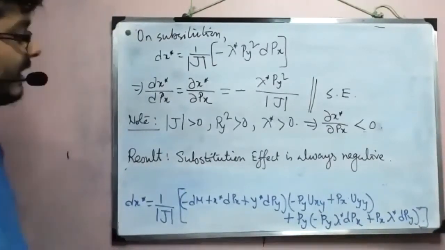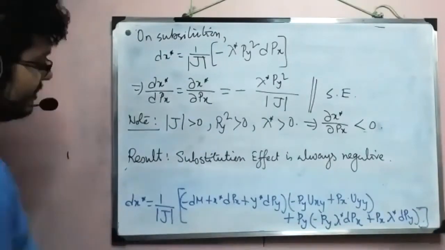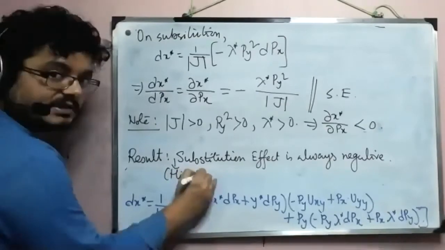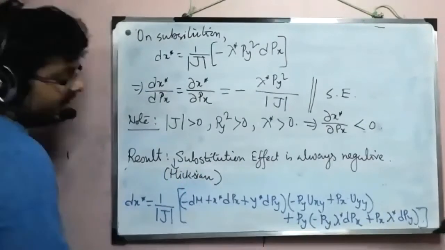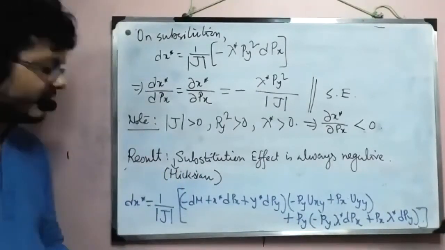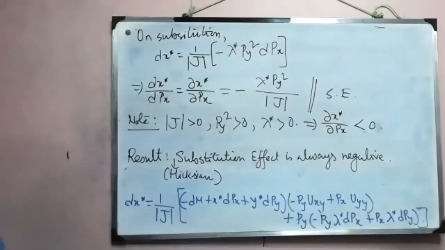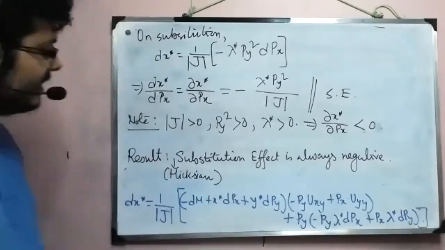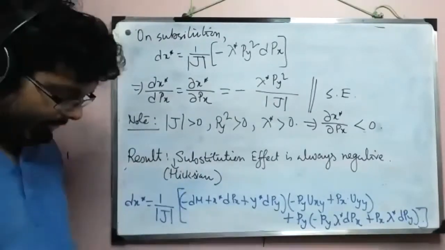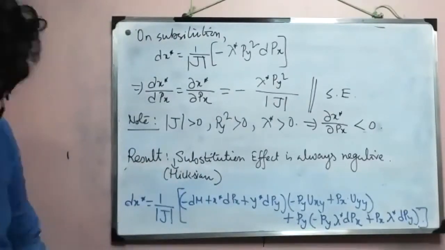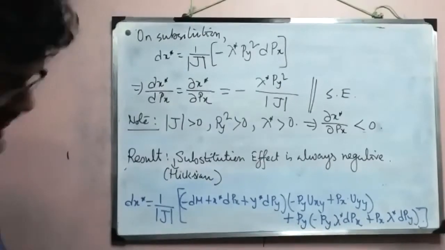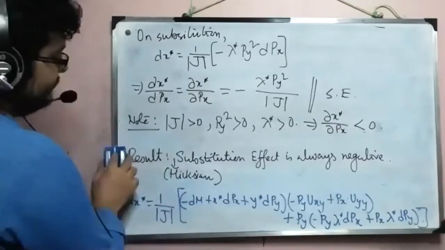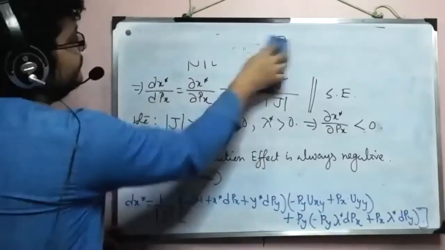Okay. Now remember that the substitution effect we are talking about is Hicksian. Okay, it's not Slutsky. The equation's name is Slutsky, but the substitution effect that we are considering is Hicksian. Okay. So now only one thing is left, and that is price effect.